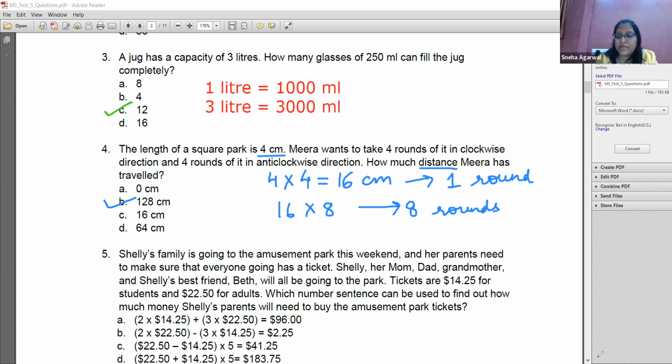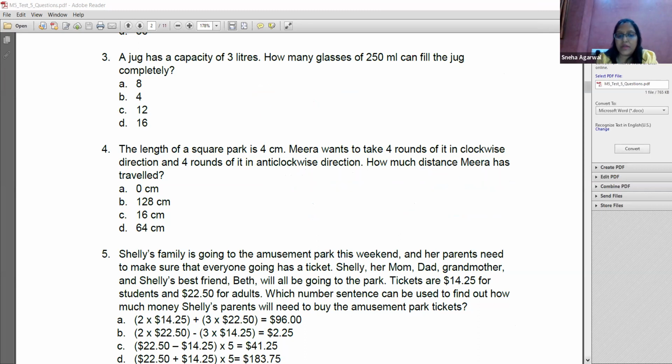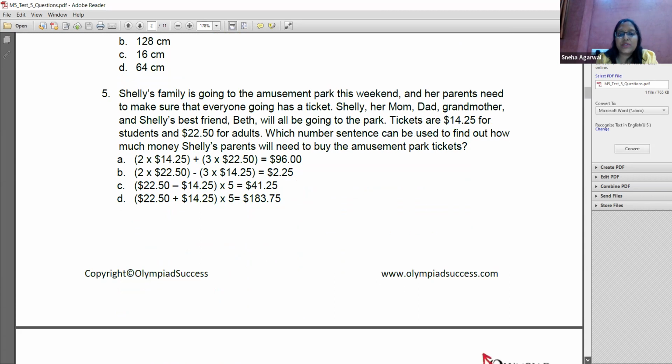Next one. Shelly's family is going to the amusement park this weekend, and her parents need to make sure that everyone going has a ticket. Shelly, her mom, dad, grandmother, and Shelly's best friend Beth will all be going to the park.